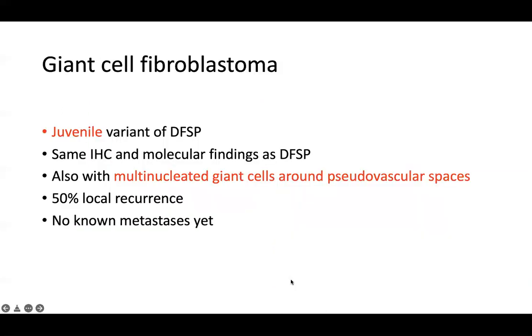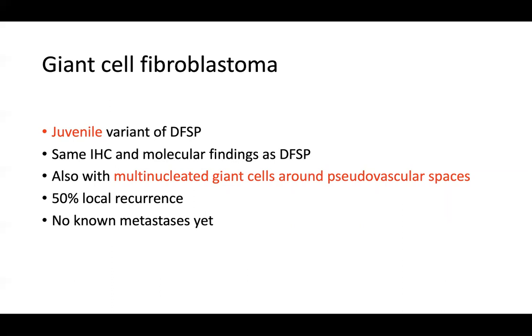Giant cell fibroblastomas are interesting. They're basically a juvenile variant of DFSP, and they're going to be expected to have the same immunohistochemical findings and molecular findings of DFSP. So if you find a DFSP that has giant cells in it, that's a variant of giant cell fibroblastoma, which has the same molecular events happening within it.